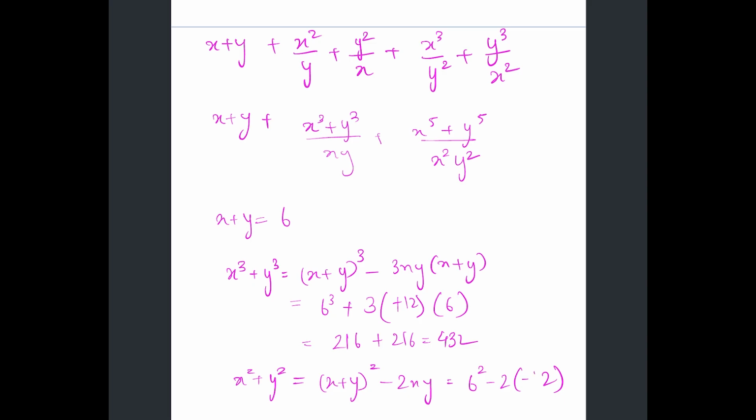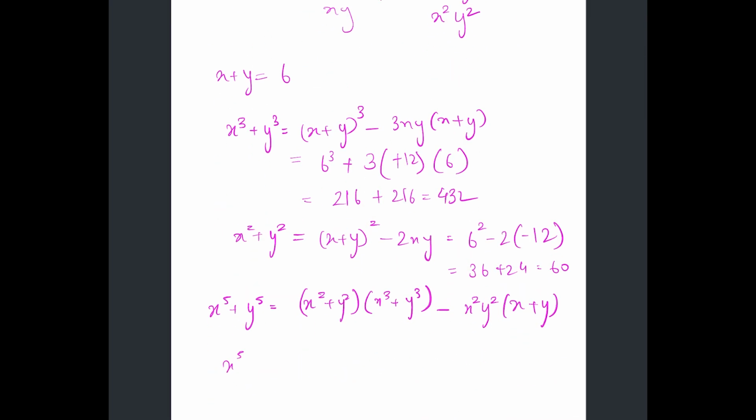Which gives us 36 plus 24, which is 60, right? So x square plus y square equals 60. Now x^5 plus y^5 equals x square plus y square into x cube plus y cube minus x square y square into x plus y, right?